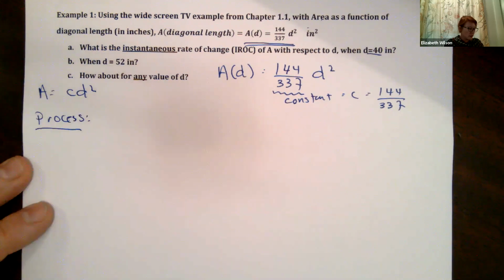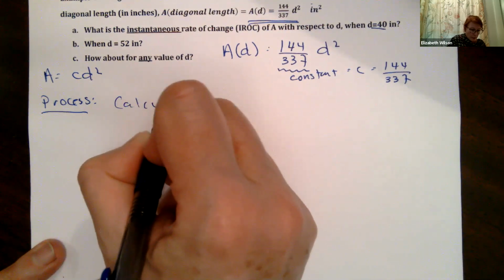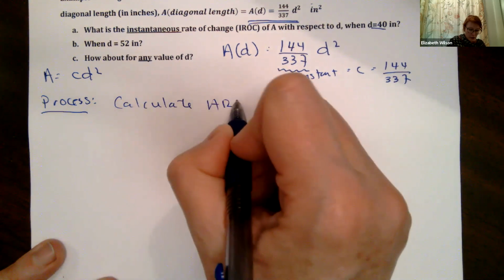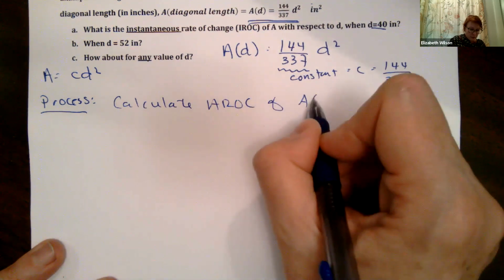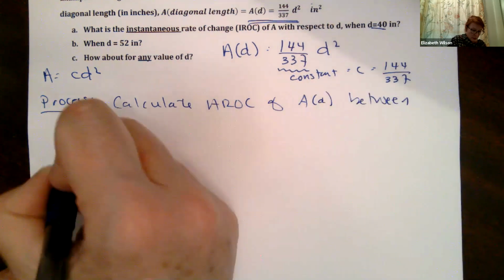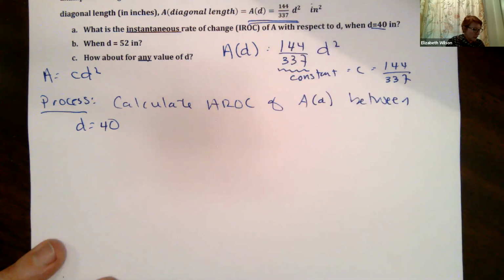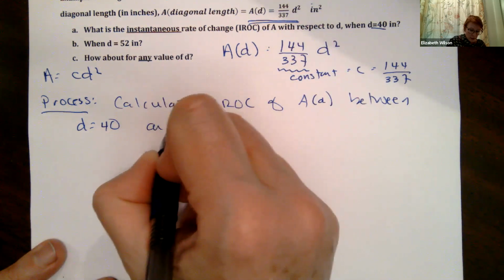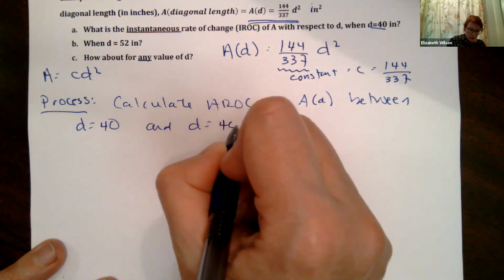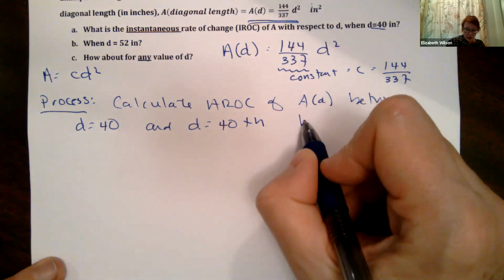All right, so the process that we're going to do is this. We're going to calculate our average rate of change of our area function between d equals 40, that's what we were asked to do initially, and d equals 40 plus some delta h, 40 plus h, where h is not equal to 0.